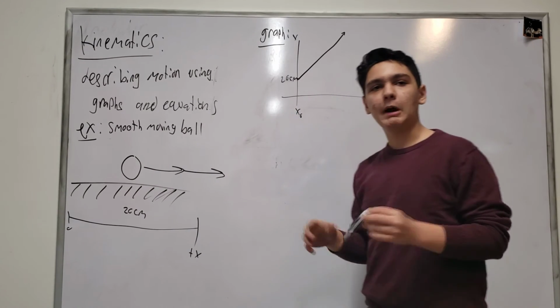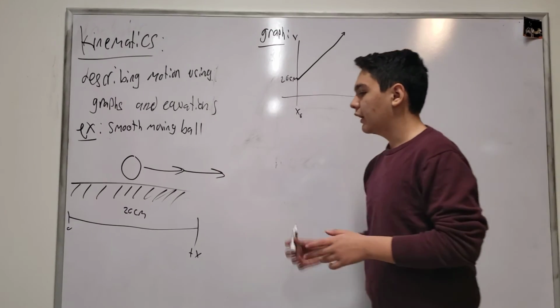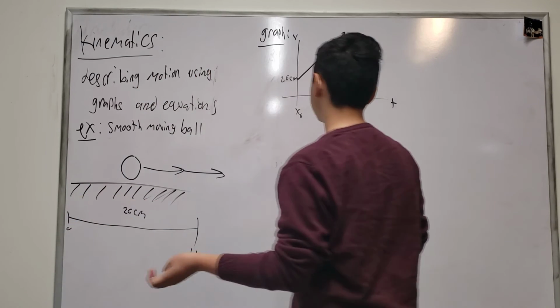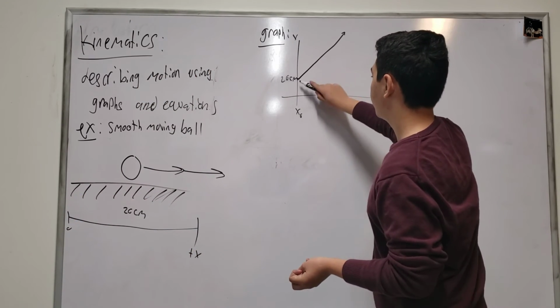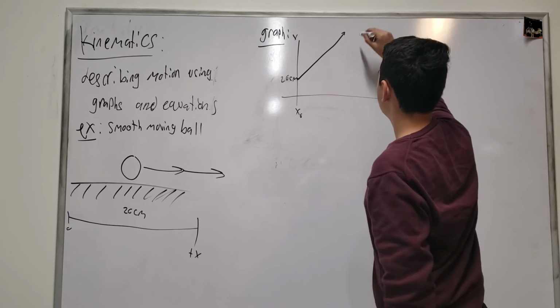Now let's make some observations about this ball right here. This ball has velocity. Velocity is essentially just the slope of the line.